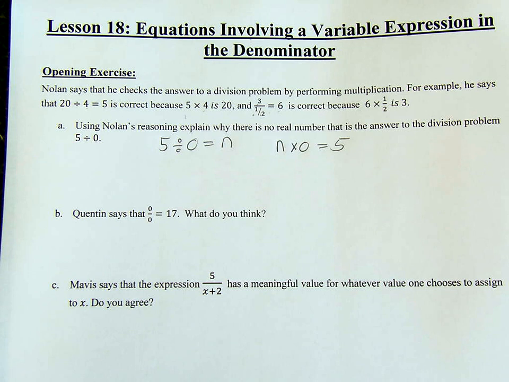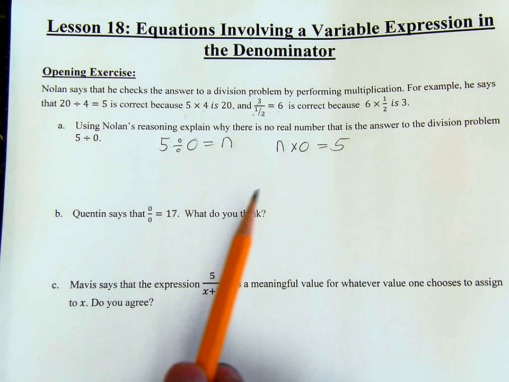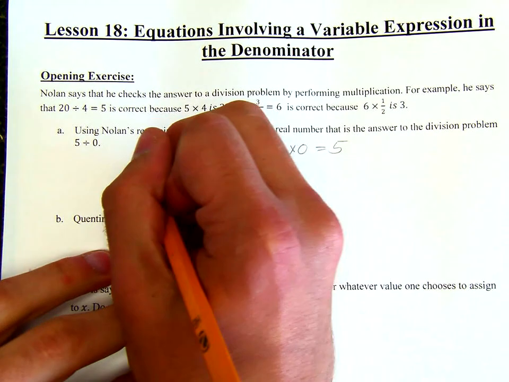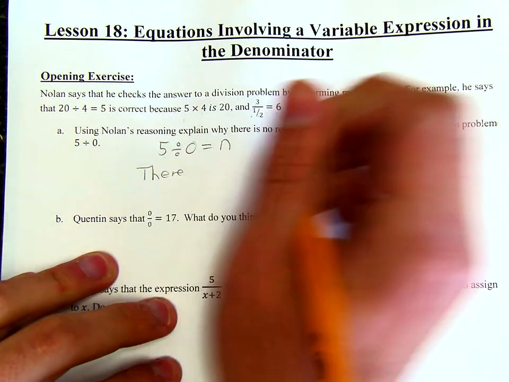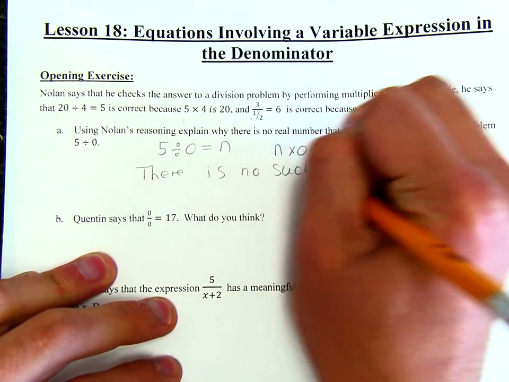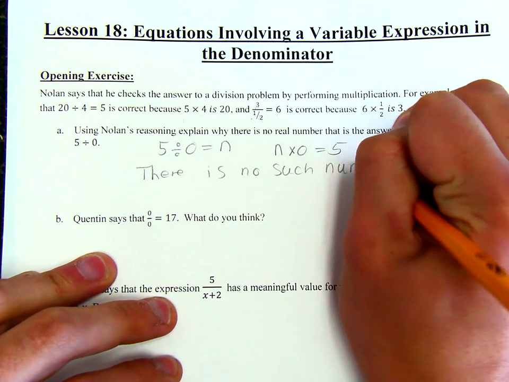So there is no such number, n, that if you multiply by 0, you should get 5. So, that's what we can say, that there is no such number that n times 0 would equal 5.